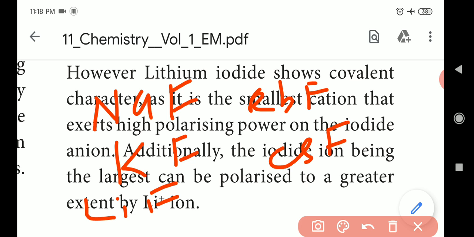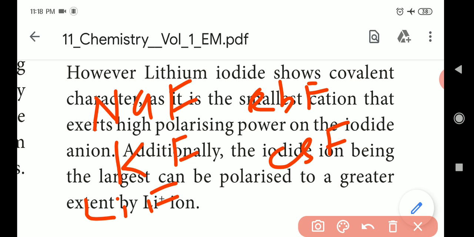Here the anion is common, but the size of the cations differs. Lithium has the smallest size, and cesium has the biggest size. According to Fajans' rule, the smaller the anion and the larger the cation, the more ionic the compound. So cesium fluoride has the most ionic character, and lithium fluoride has the least ionic character.